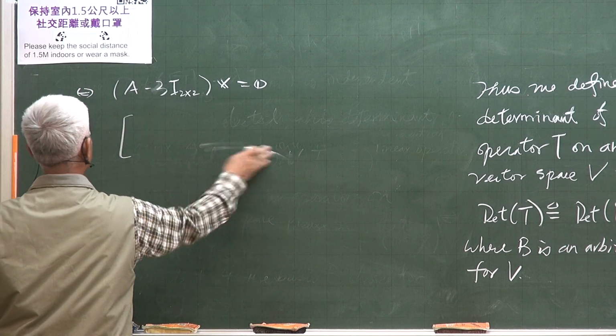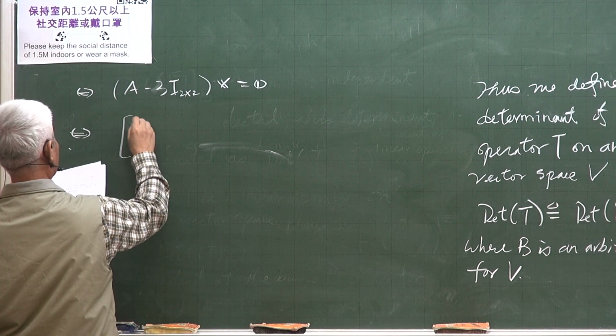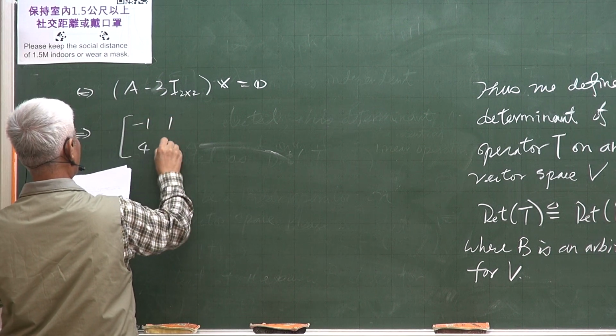So what is that? This is minus 1, 1, 4, 4.